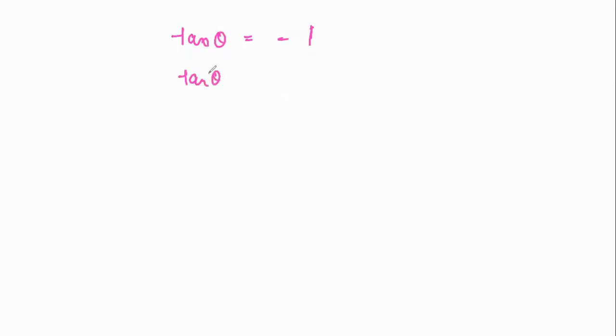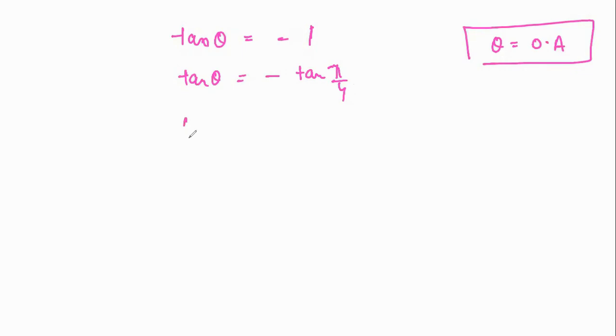Now I am keeping the minus and writing 1 as tan pi by 4. Pi by 4 means 45 degrees, and I know that tan 45 is 1. Because theta is an obtuse angle, I have to remove this negative sign and represent the angle in the positive way.